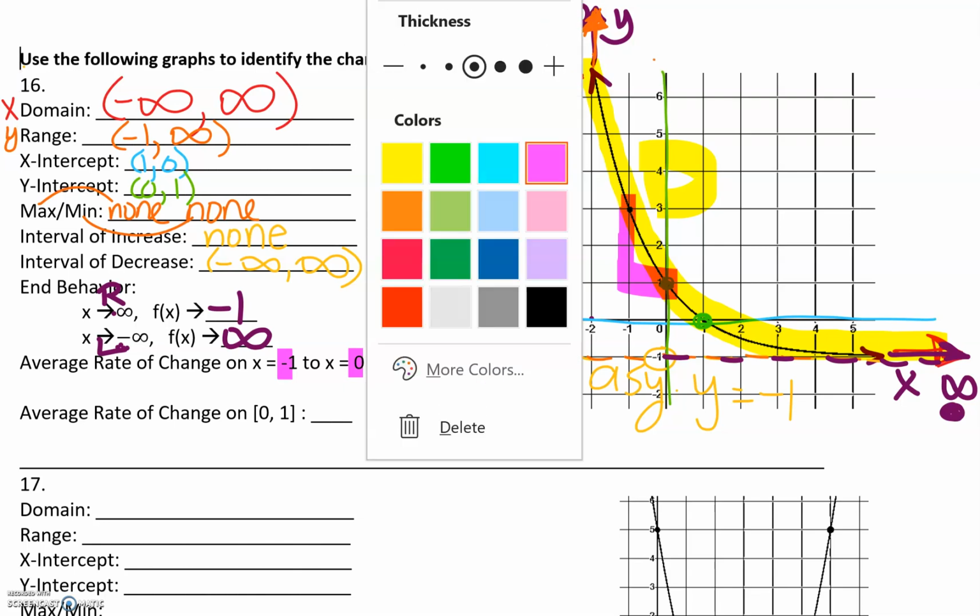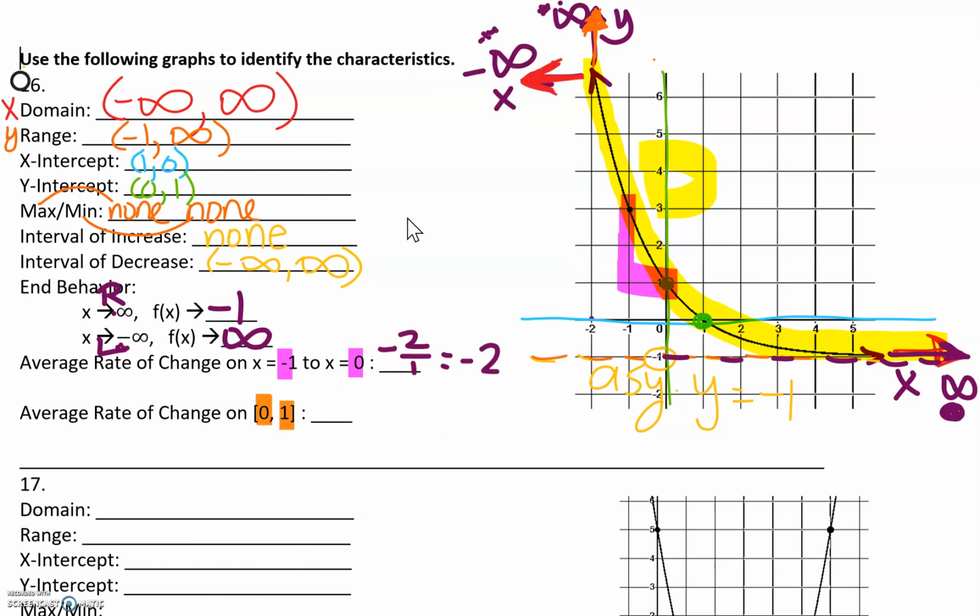Excellent. Same thing on the next one. We're going to start at 0 and stop at 1. Well, 0 is there, 1 is there. Down 1 over 1. Again, down 1 over 1, -1. Please notice, this exponential function does not have a constant rate of change.